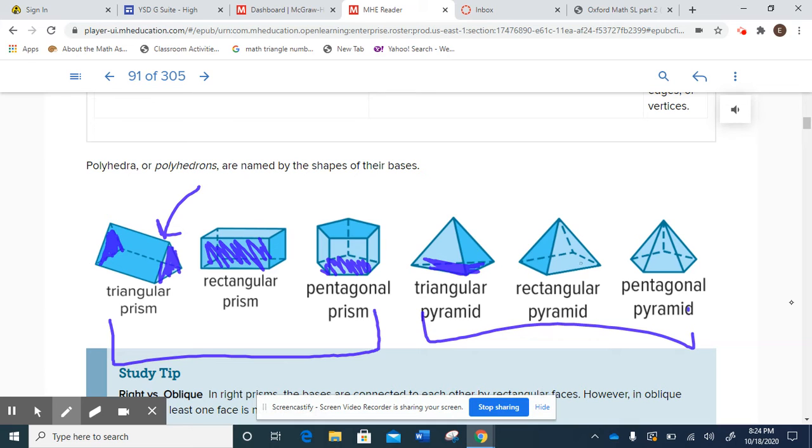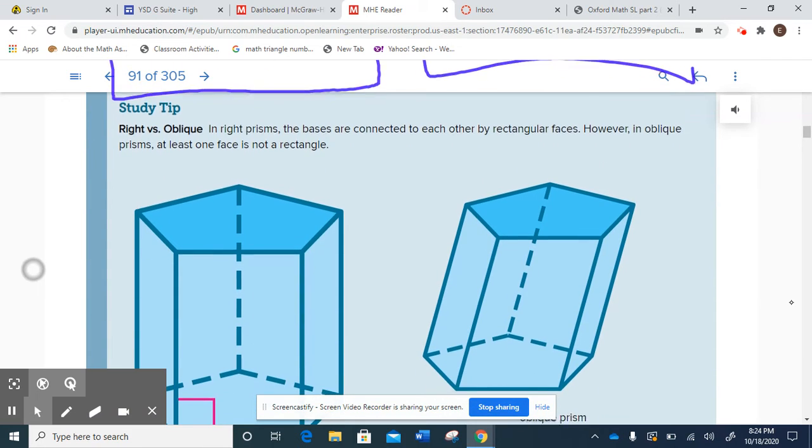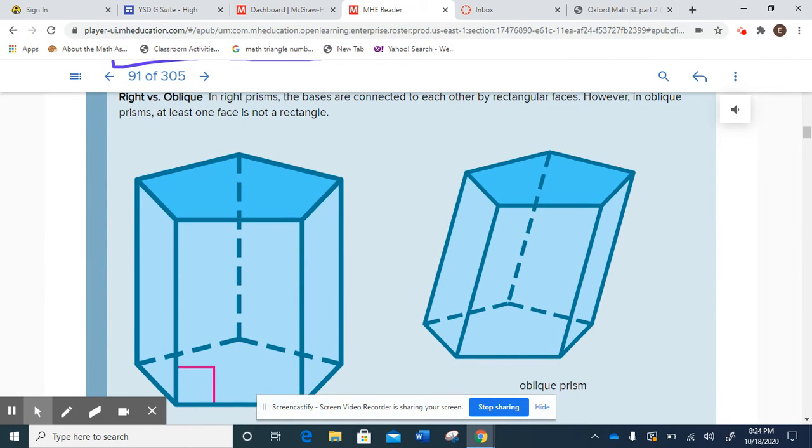So then we have a triangular pyramid, we have a rectangular pyramid, and we have a pentagonal pyramid, but they can go up from there as well. We have right versus oblique. So a right prism, in this case, is one that's standing straight up or creates a 90 degrees, right here. An oblique prism is basically one that's slanted. So it's slanted that way.